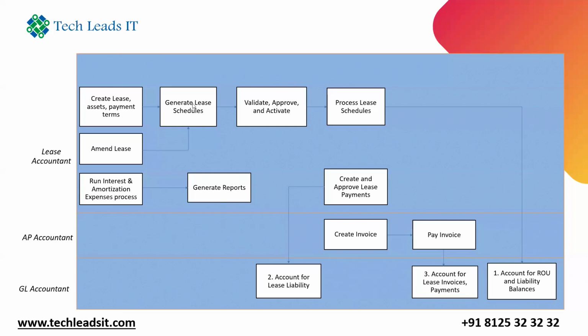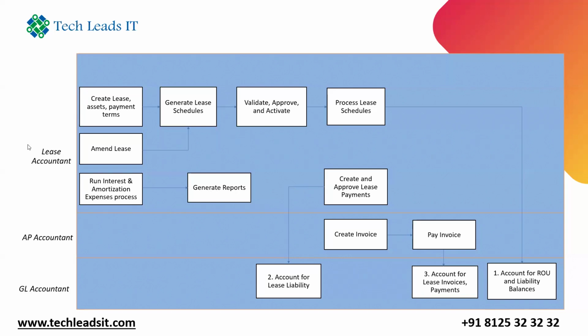All these things will in turn impact my lease schedules, which will again go for validation and approval, and then go for the processing of lease schedules and the change in the new cost and new liability, ROU and liability. And I will run the interest and amortization process, which will create and in turn generate certain reports.